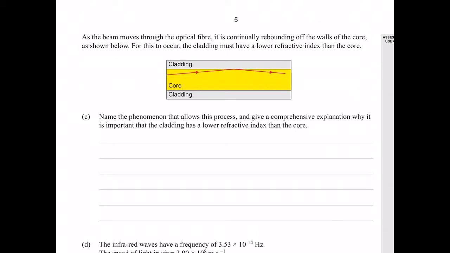when a ray is moving from a less optically dense medium into a more... sorry guys, I got the wrong way around, didn't I? Very sorry, hold on.